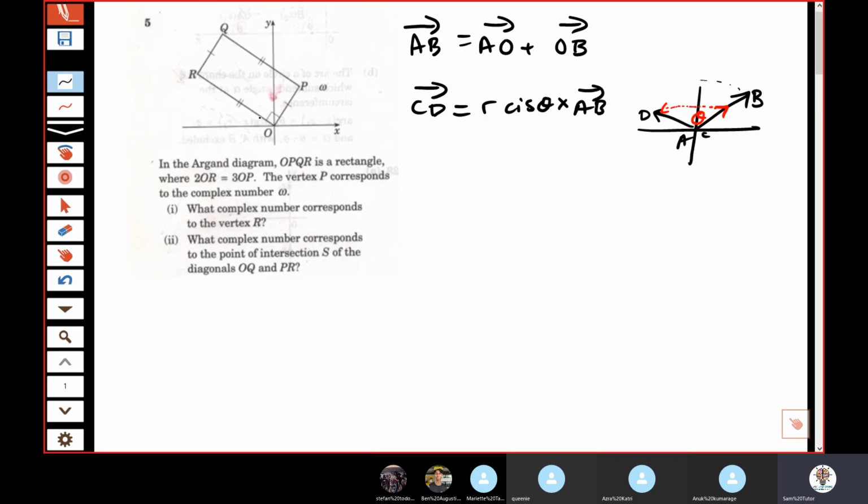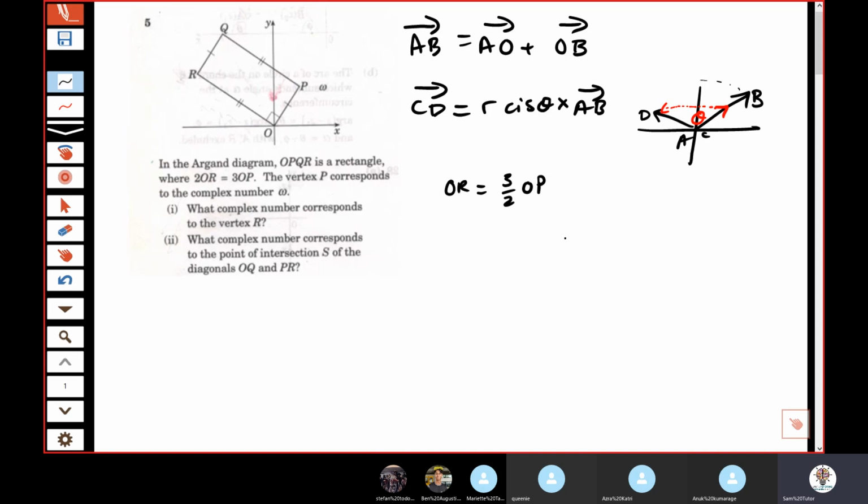Two times of these sides is equal to 3 times of these sides. Or in other words, OR is 1.5 times the size of OP. Most students don't see that, but why wouldn't you? OR is 1.5 times OP. It's a lot easier to think of it like that.